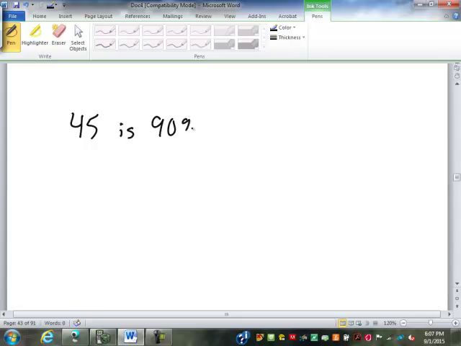$45 is 90% of blank. Well, here we have our percent again, so we're going to start with that. 90% is 90 out of 100. Now again, we have two other numbers. Here we have the 45, and we have the missing number. Which one goes with the 90? 45 is 90%.